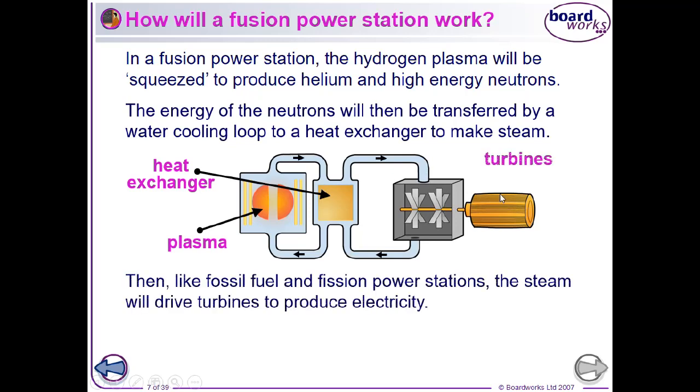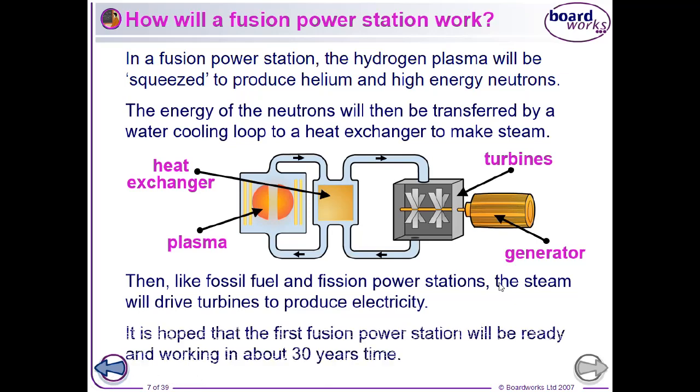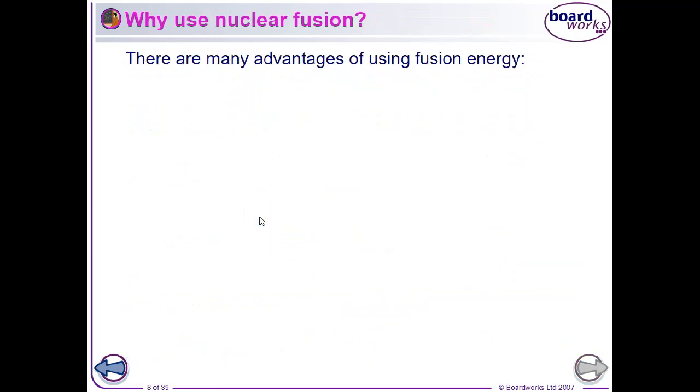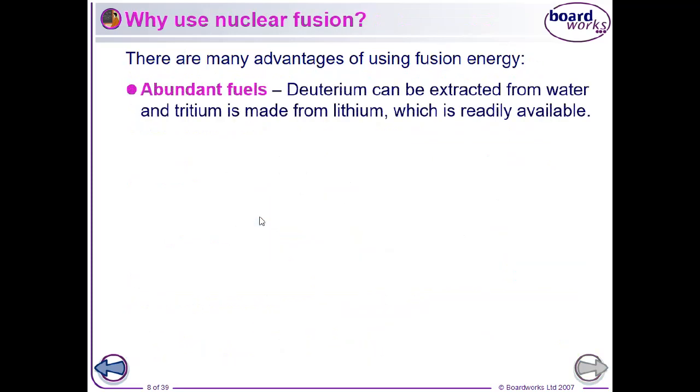So exactly the same as all the other ways of producing electricity that we have on Earth, just like fossil fuels and fission nuclear power stations. Except very, very clean because we don't produce long-lived radioactive waste, and we have a cheap, easy source of getting the fuel for it, and helium is not dangerous. And hopefully these will be ready in the next 30 years.